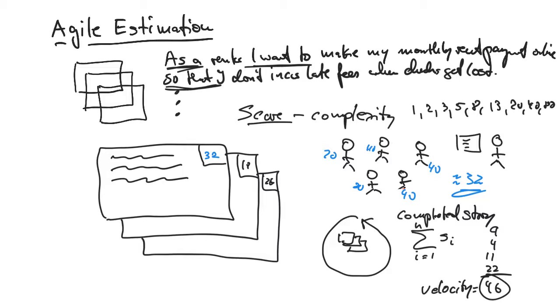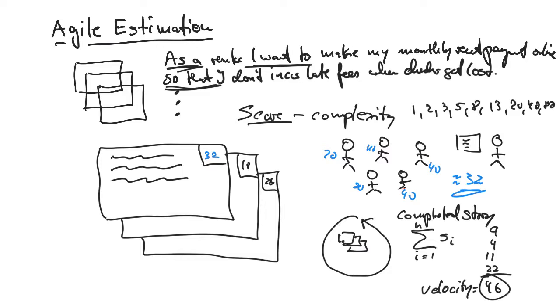It means that when you plan the next iteration, the next sprint, you guide your stakeholders. And you tell them you can pick off the backlog your most important stories you want us to work on, but when you add up their scores, try to be at around 46.